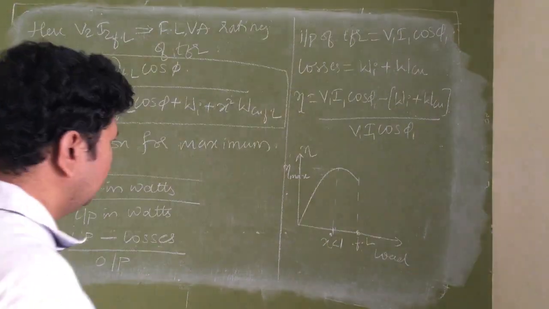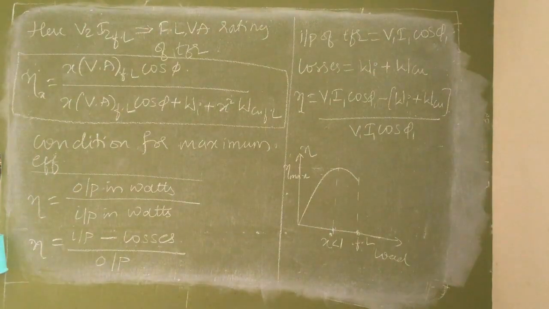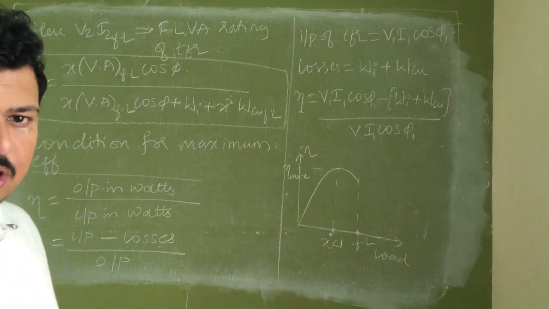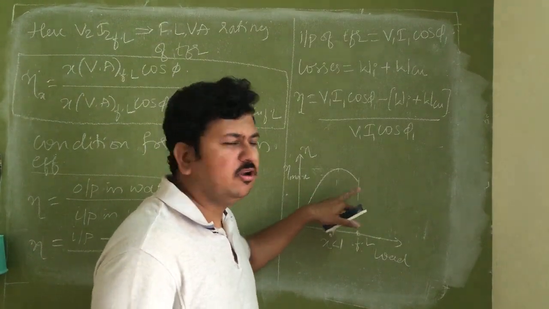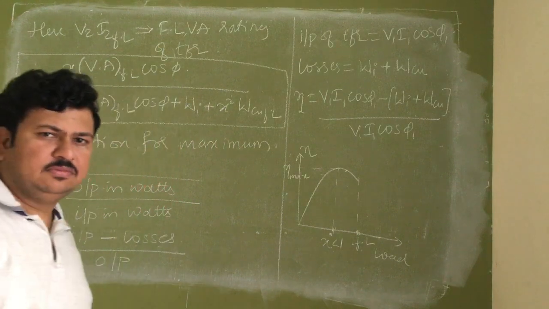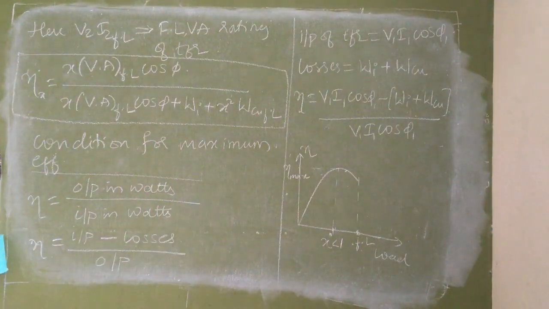Generally, for transformers or any machines that are operating continuously, I don't keep the operating point near full load. I keep the operating point of the machine near maximum efficiency. It is an extended concept, and how to set that we have to consider at the time of design.